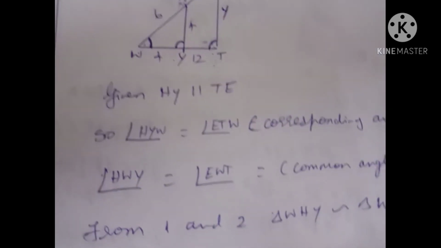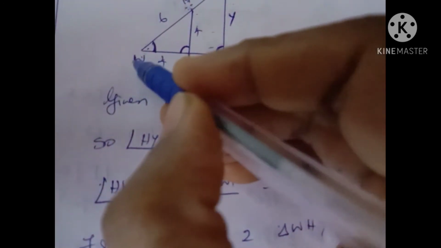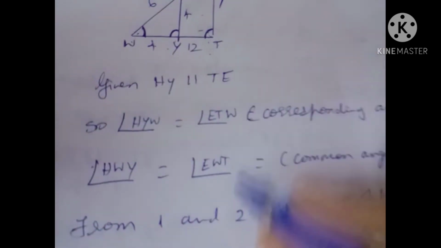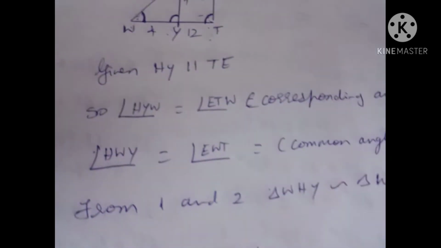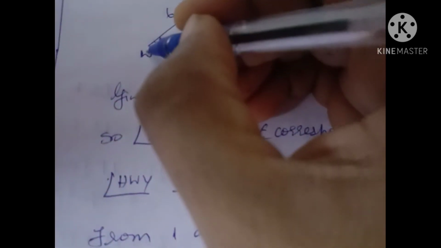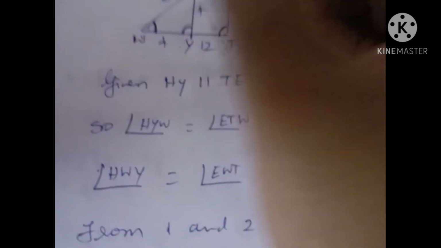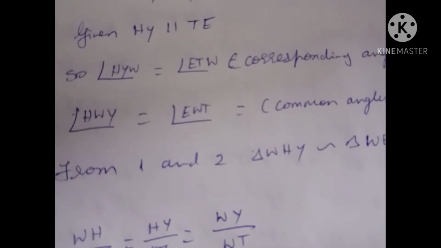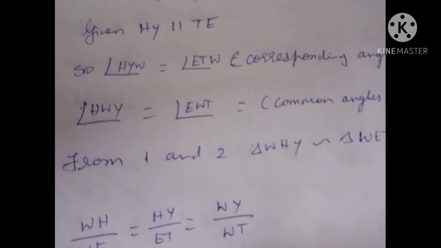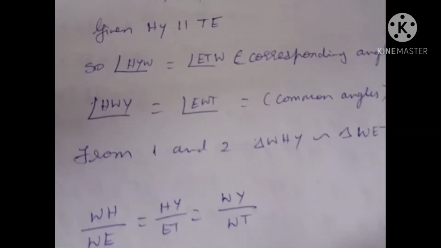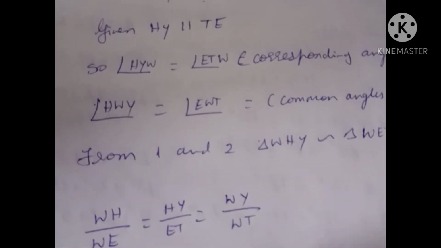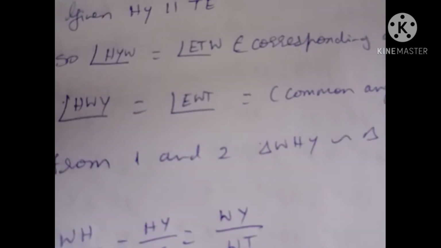HY is parallel to ET, and then WY by WT. WH is 6 by WE is 6 plus x, is equal to HY is 4 by ET is y. Then WY is equal to 4 and WT, you have to add both these values: 12 plus 4 is 16.